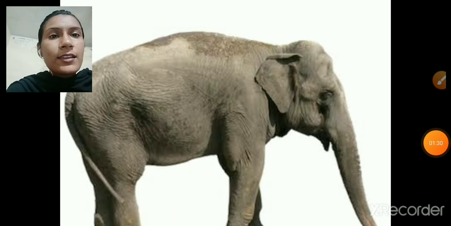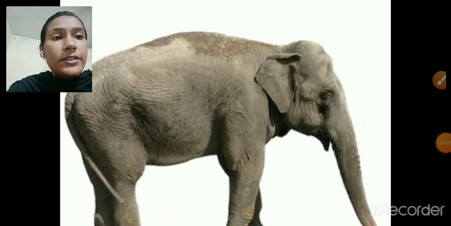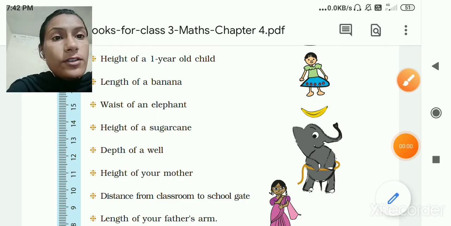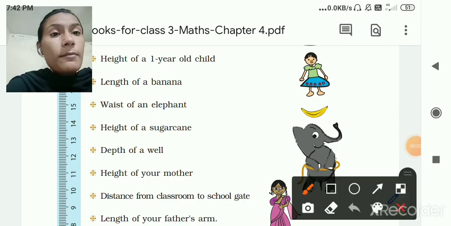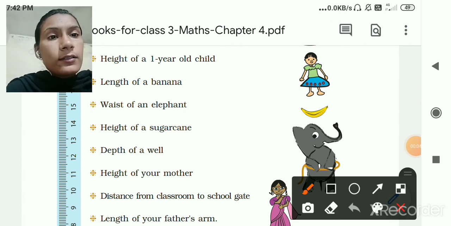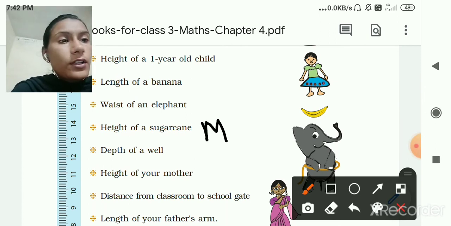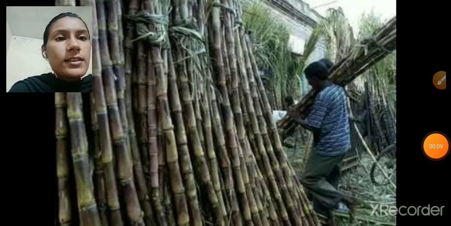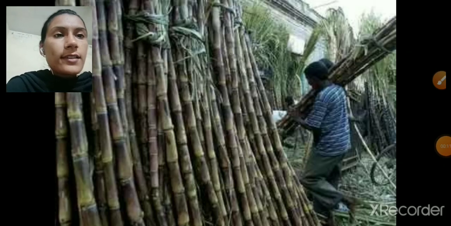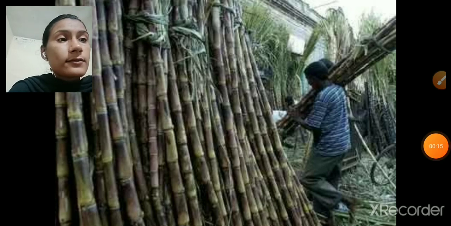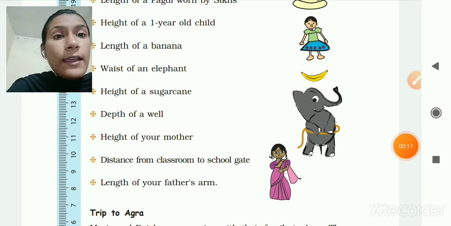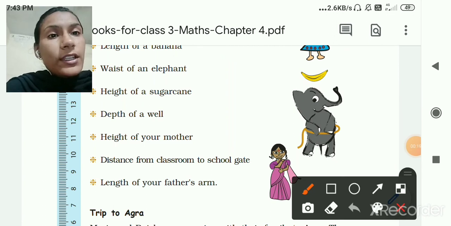You can see the waist of an elephant, so we'll be measuring in meters. Then height of a sugar cane will be measured in meters. You can see this image of sugar cane. Then depth of a well will be measured in meters.